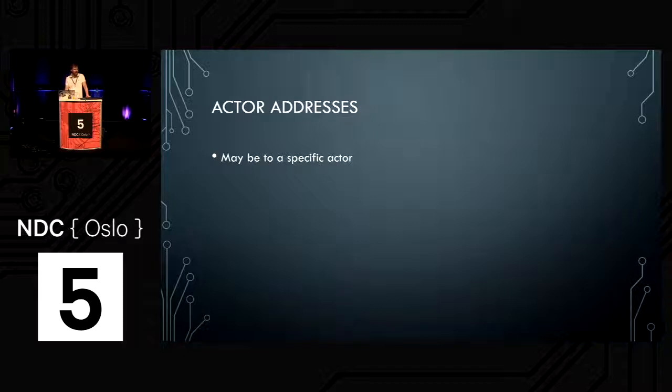We talked about that actors have addresses, and the address may be to a specific actor, but it could also be to a load balancer / proxy kind of actor.